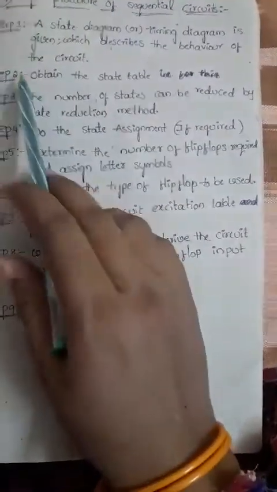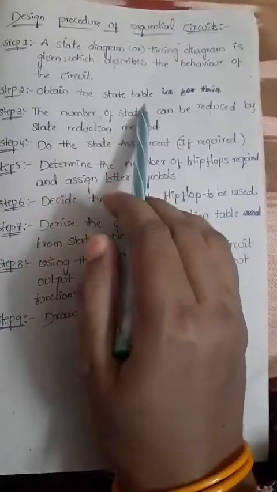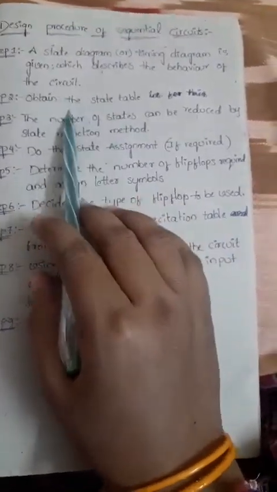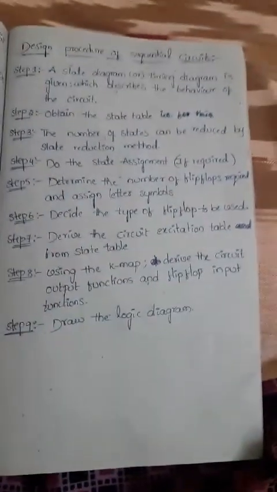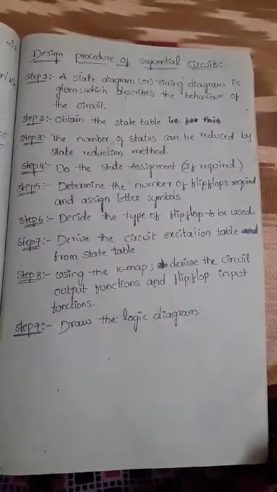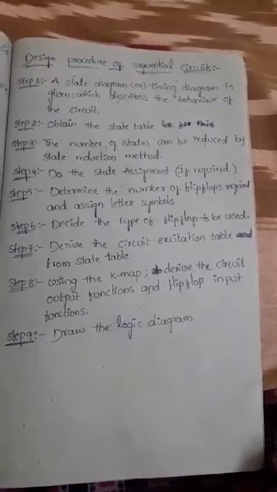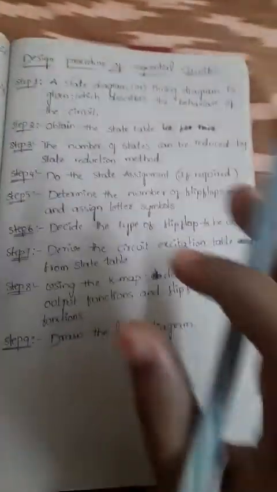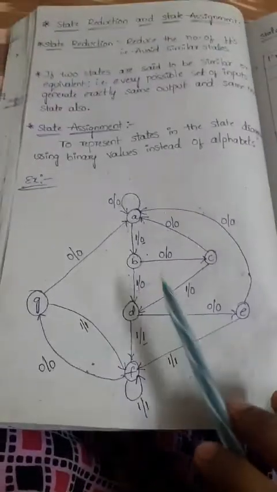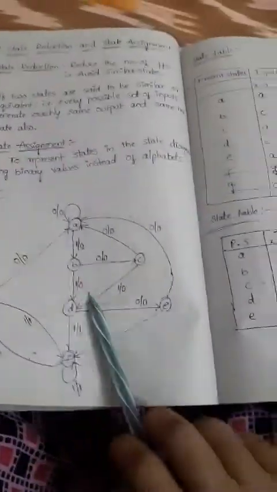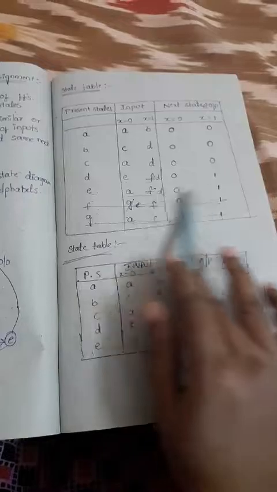What is the second step? Obtain the state table. That means for this state diagram we have to write the state table. I already explained this earlier, in the state reduction and state assignment methods. In the problem they directly give one state diagram, and with its help we write the state table.